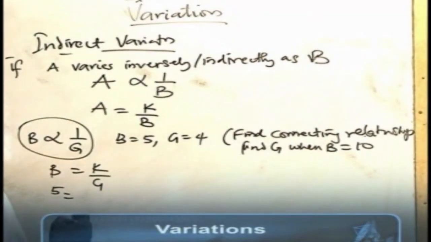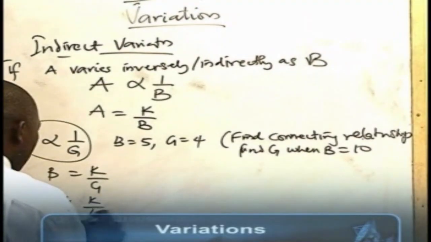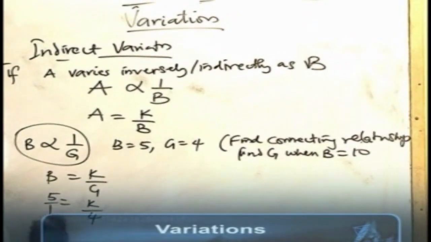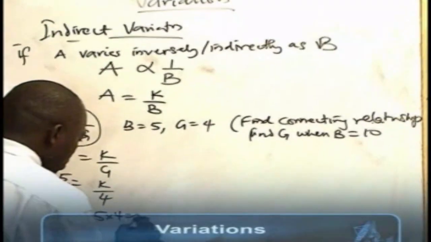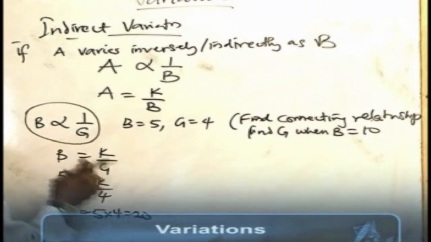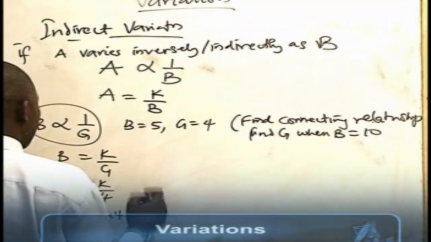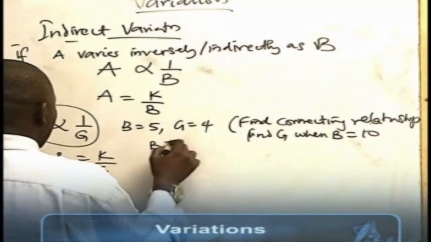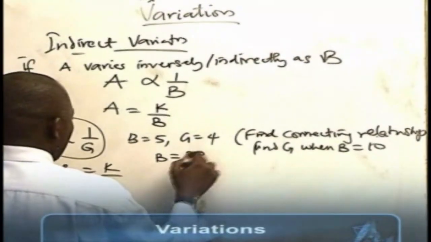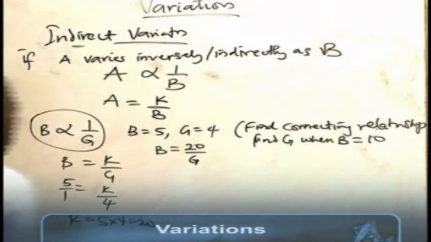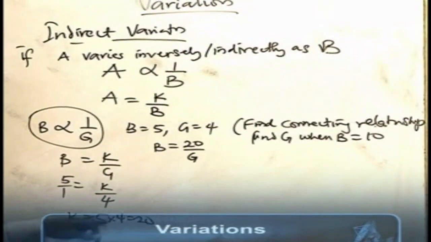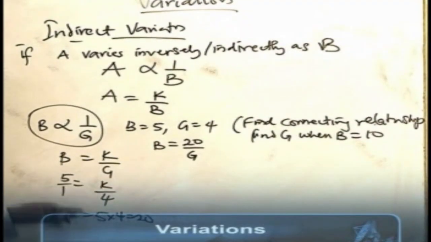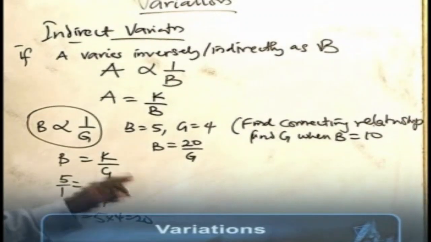So we have 5 equals K over 4. Again, you cross multiply and K becomes 5 times 4, which is 20. So based on this, the connecting relationship will be B equals 20 over G, since K has been determined as 20.